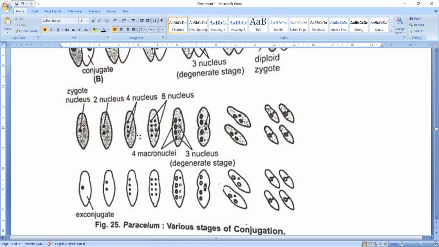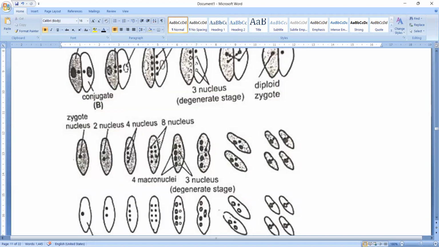Here the zygote again starts dividing. In that way a total of 8 daughter nuclei are produced.